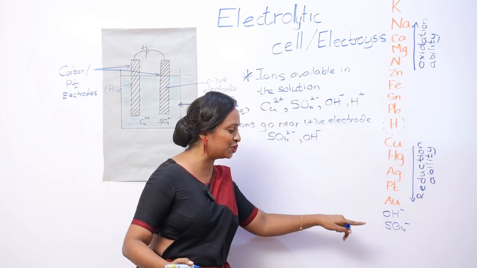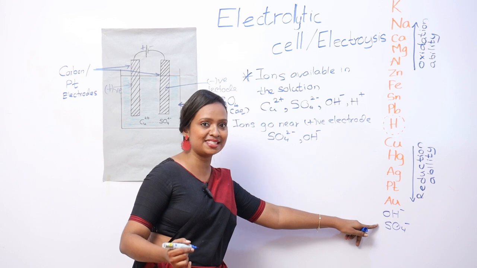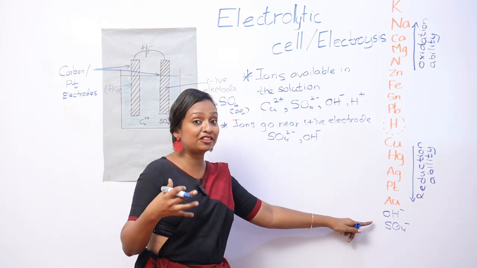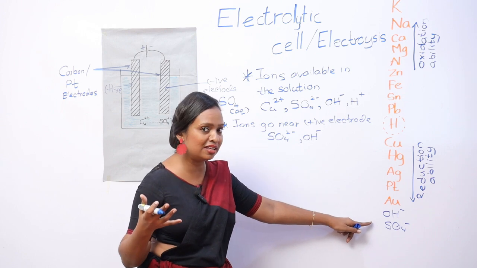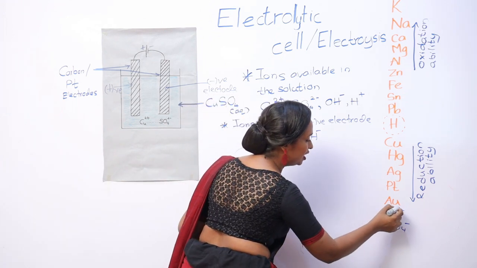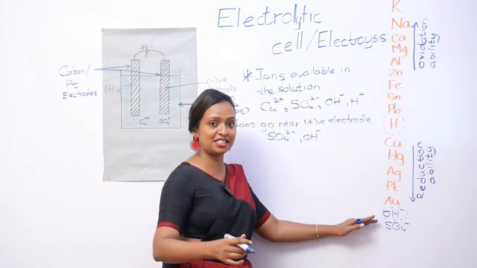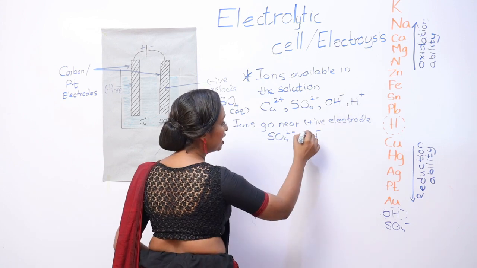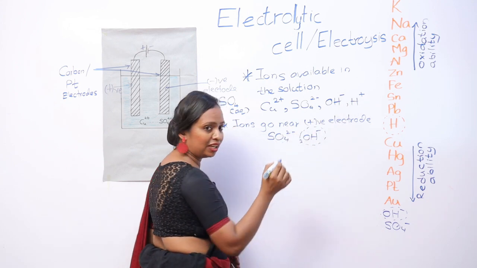When I put these two anions here, you can see which of the two has more electron-removing ability. Definitely OH minus, located higher in the activity series. So this one is going to win.